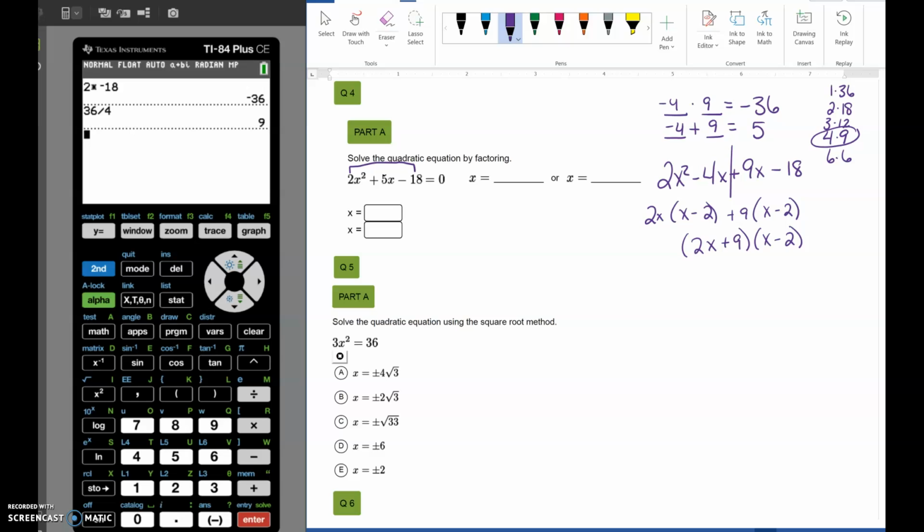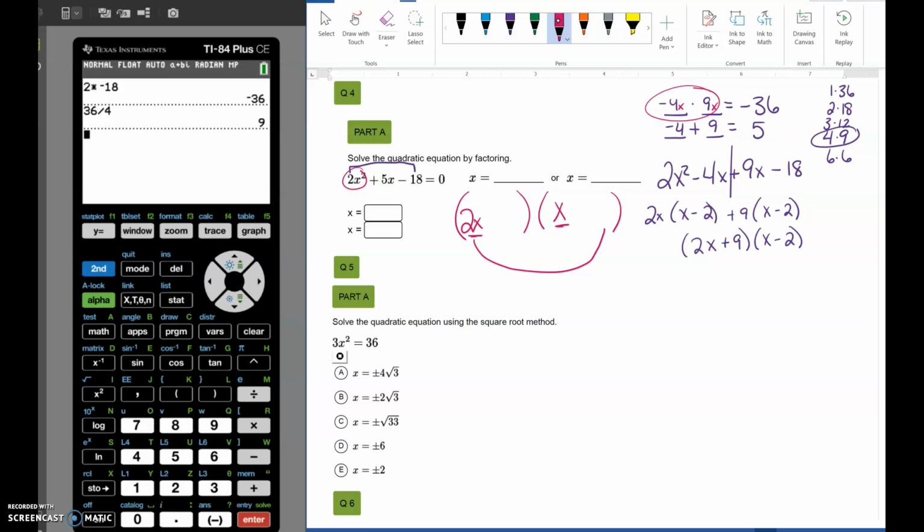The other way to do this is to just kind of guess and check and figure it out. Here, I'll do this in a different color. So when you're guessing and checking, you have to know that this number times this number is going to give you 2x squared. So one of those is going to be 2x, the other one is going to be x. 2x times something is going to give you one of these two numbers with an x after it.